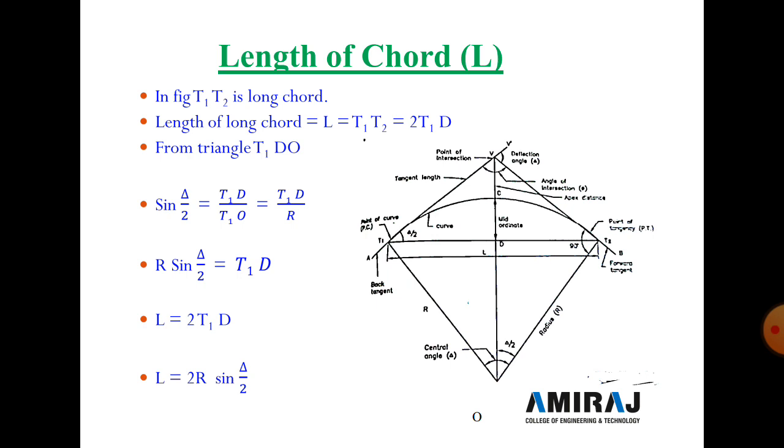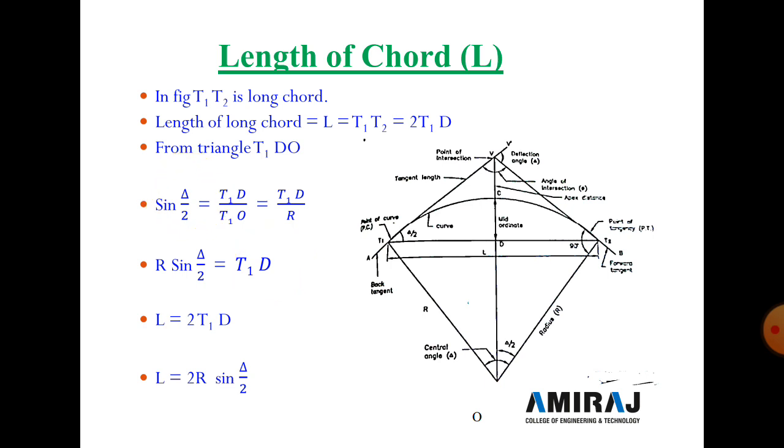In the triangle T1DO, sin delta by 2 is equal to T1D divided by T1O. We find T1D, and T1O is already known, it is the radius of the curve, R. So R sin delta by 2 is equal to T1D. Clear?